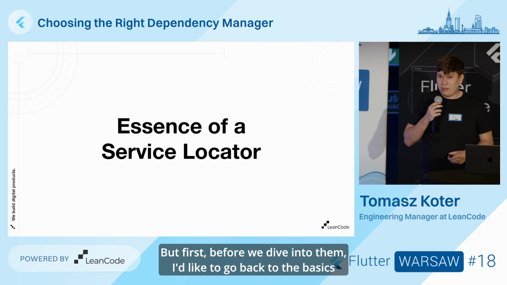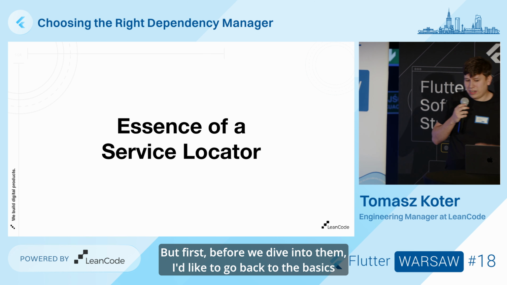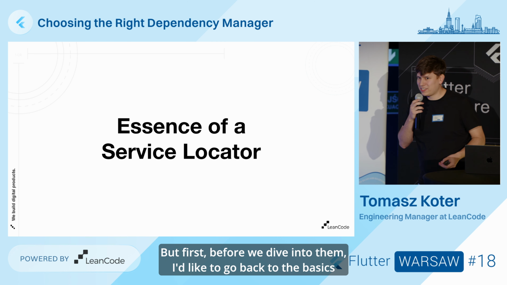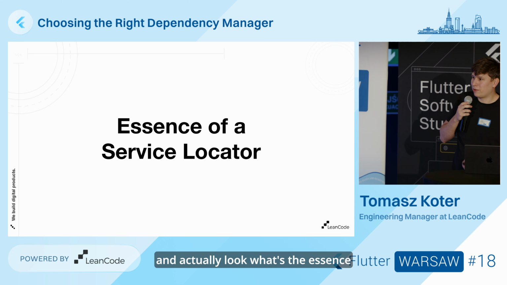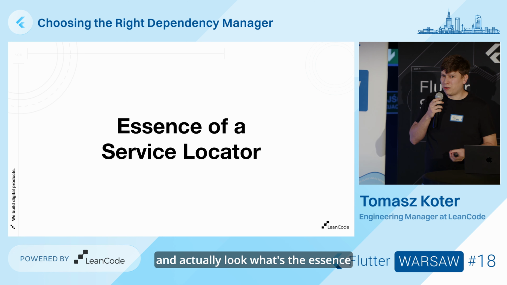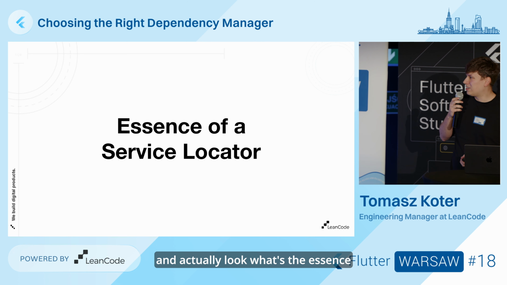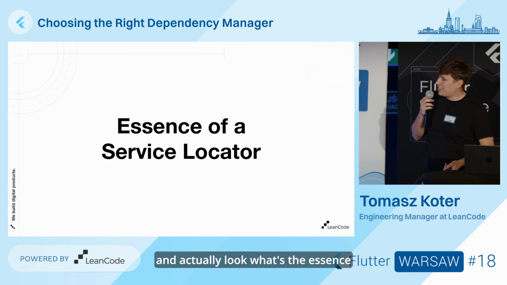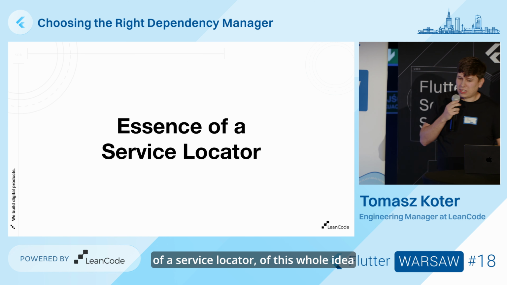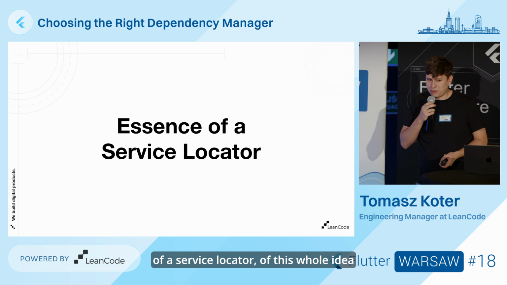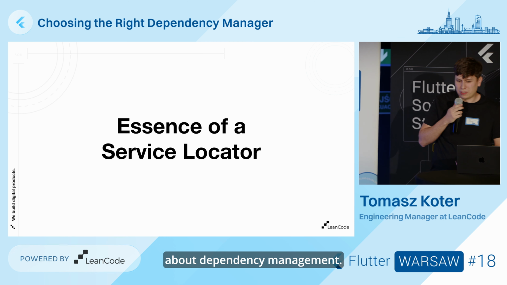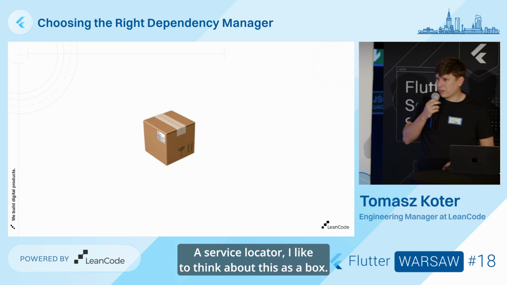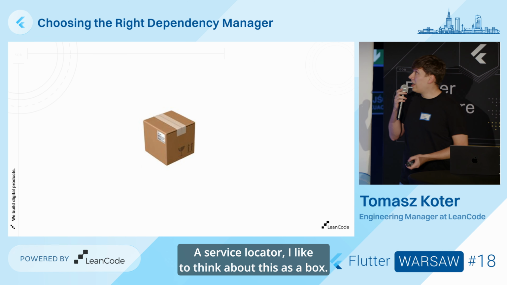But first, before we dive into them, I'd like to go back to the basics and look at the essence of a service locator, of this whole idea about dependency management. A service locator, I like to think about as a box.